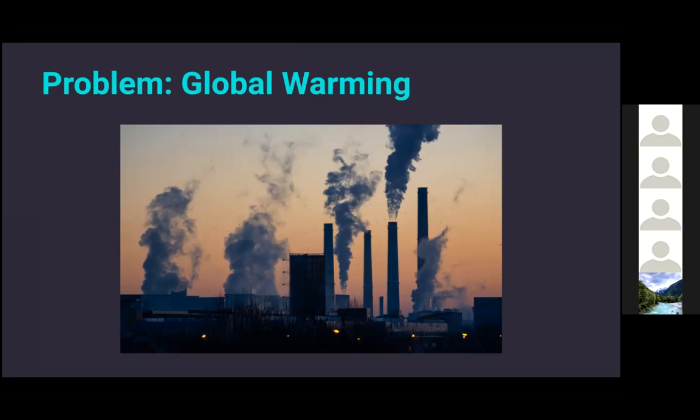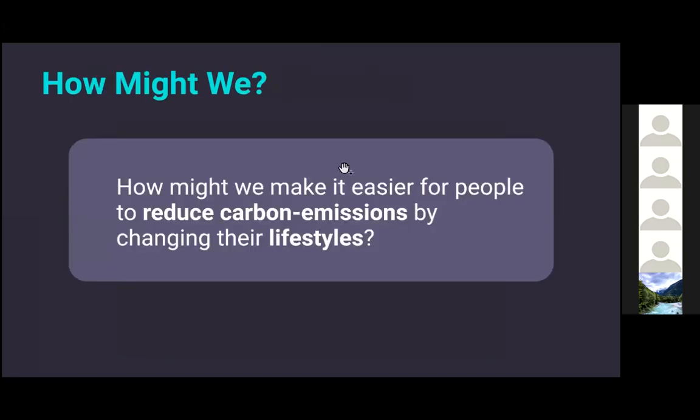But yeah, our problem was global warming. So it seems like a Herculean task. It's huge. How do you tackle something like global warming with an app, with a bunch of scrappy hackathon competitors? It's actually easier when you break it down with a question like, how might we? This is what designers use commonly. How might we sounds like a simple statement. I was like, okay, this is the first time I encountered this statement, how might we?